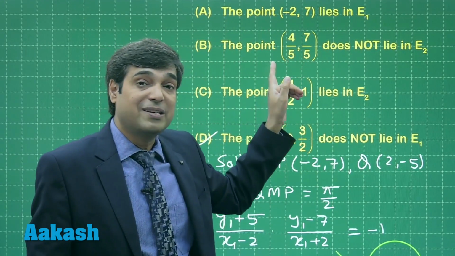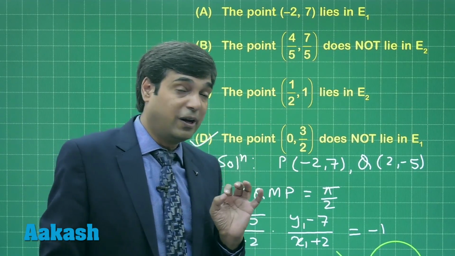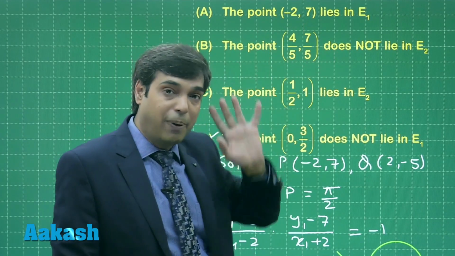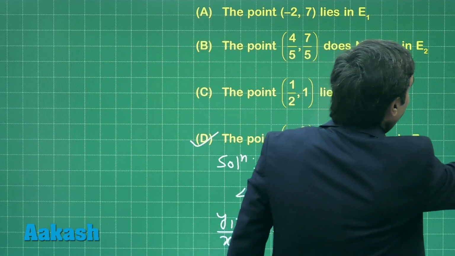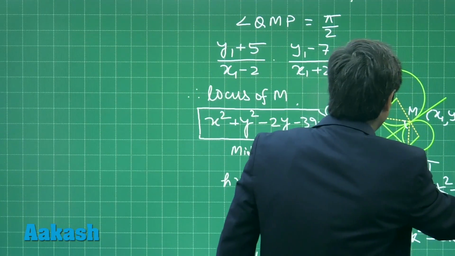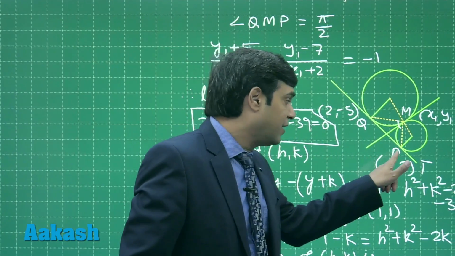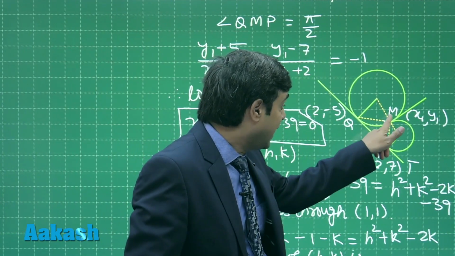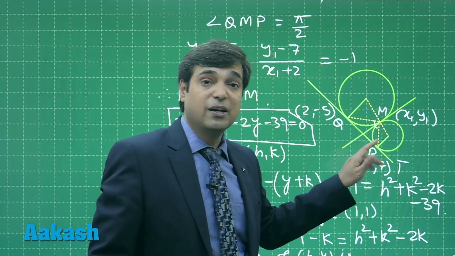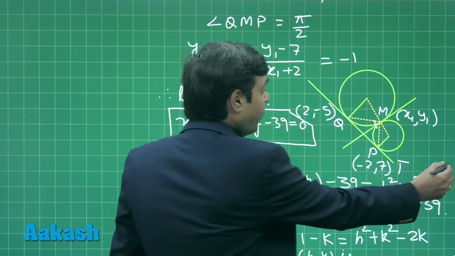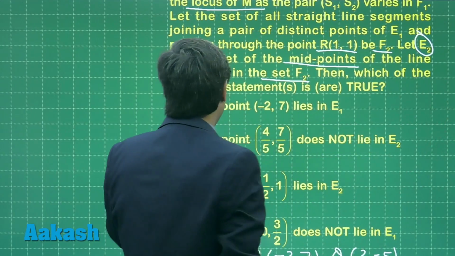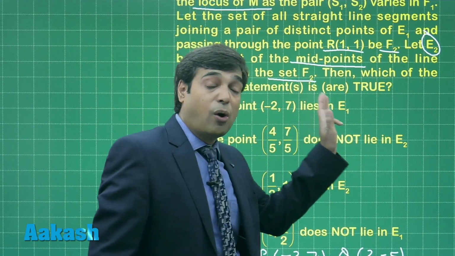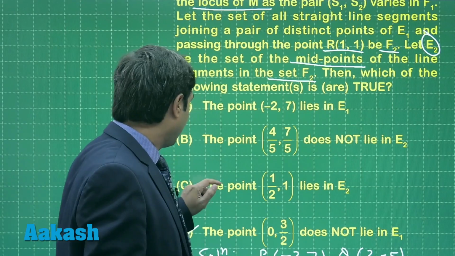Point (-2, 7), when we put it in the locus obtained, is satisfying, but still this point is not lying in E1. Why is that? Because point (-2, 7) is point P. So, when M coincides with P, it will not give us the required locus, that is the circle. So, clearly the point is not lying in E1. So, this is not the correct option.